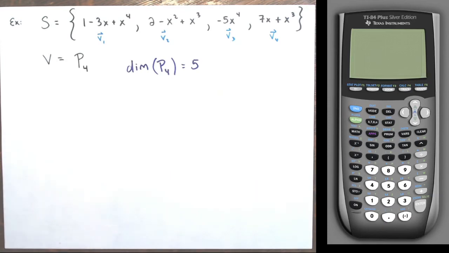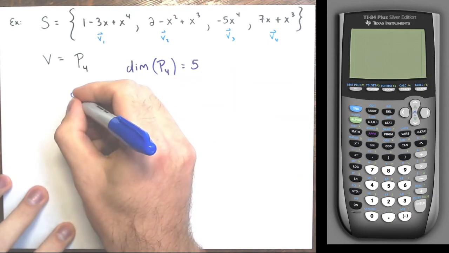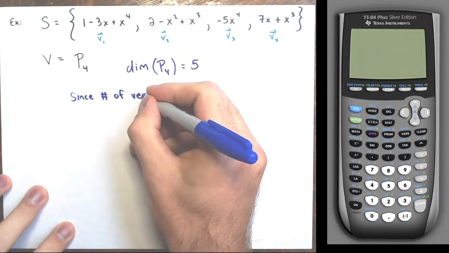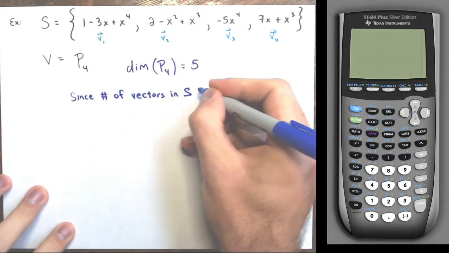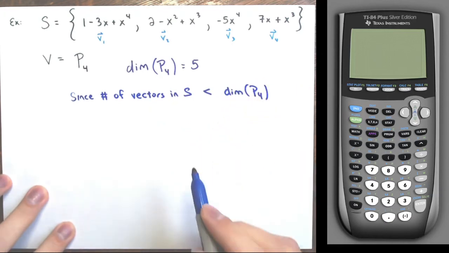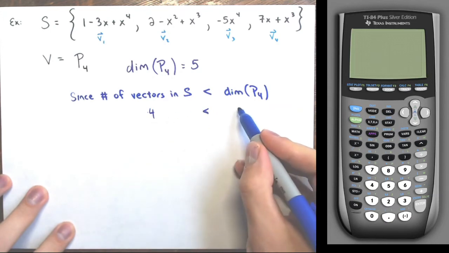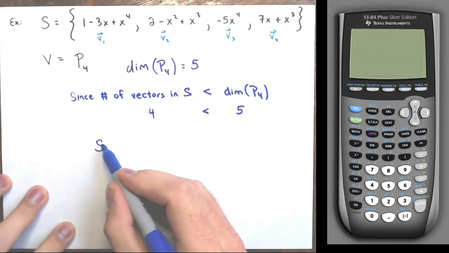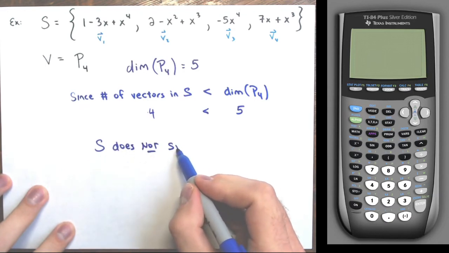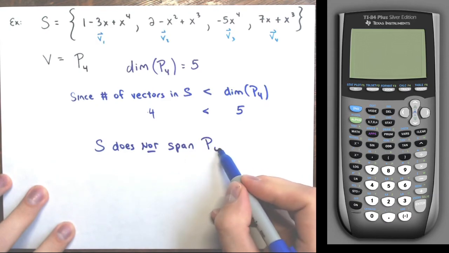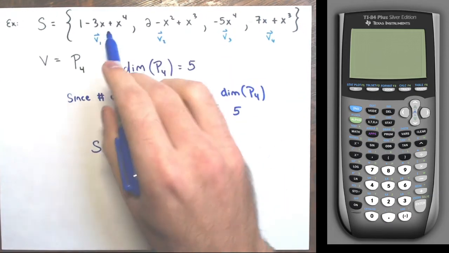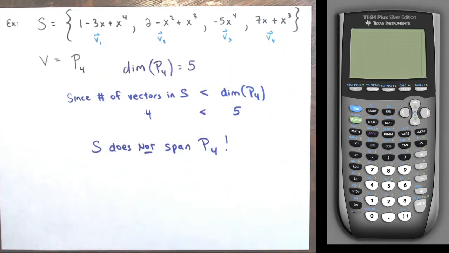I can tell you right now that, since the number of vectors in S is less than the dimension of the vector space, you have 4 vectors in S, the dimension is 5. S will not span that vector space. Now they may be independent, but it doesn't matter. If they're independent but the set doesn't span it, then it's not a basis.